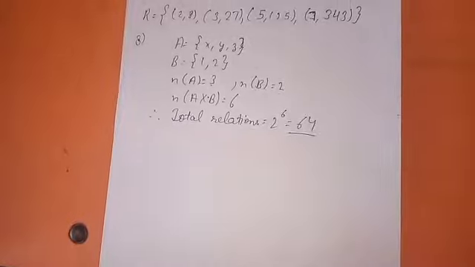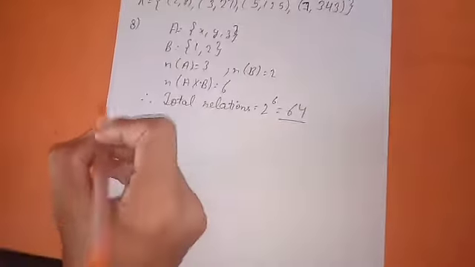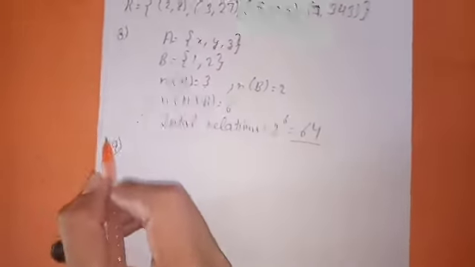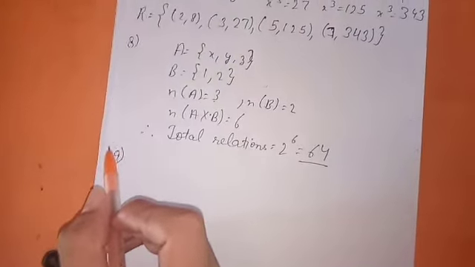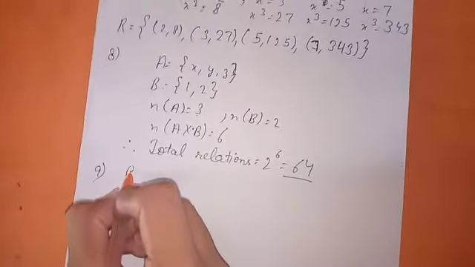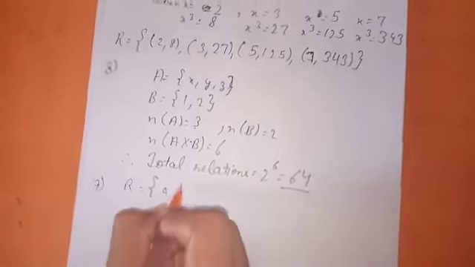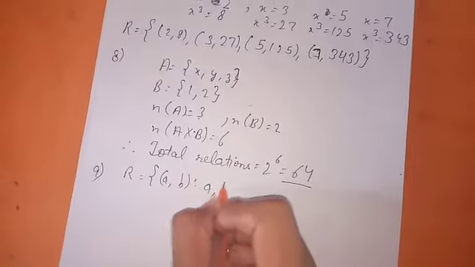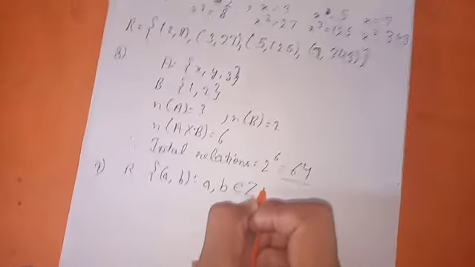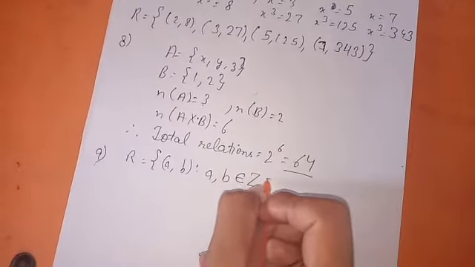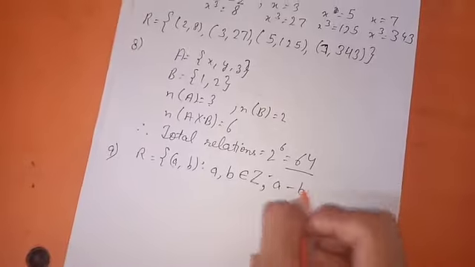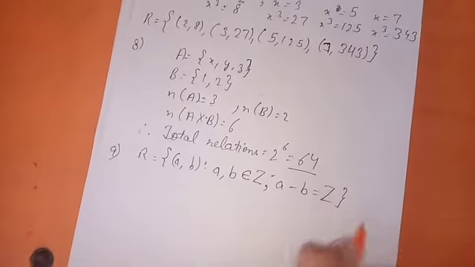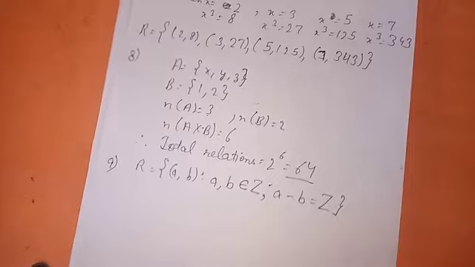And the last question of this exercise, in which a relation R is given to us, (A, B), where A and B both belong to integers and A minus B is also an integer.